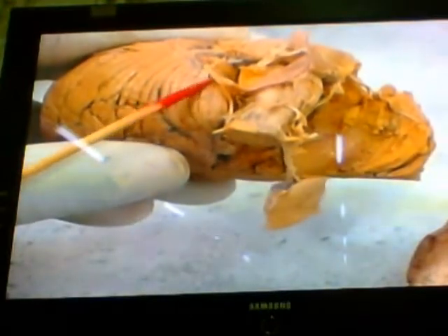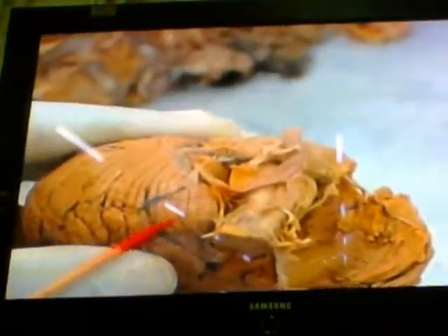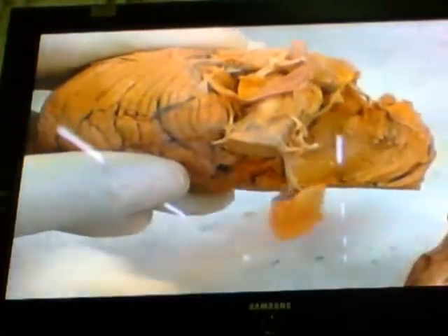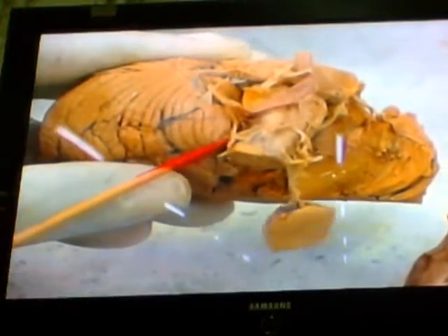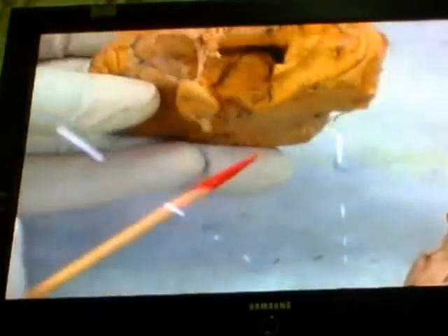Well, 9 and 10 do not have any cervical component. 9 and 10 are purely medullary. The only one that has a cervical accessory is the 11th. So that's how you know.